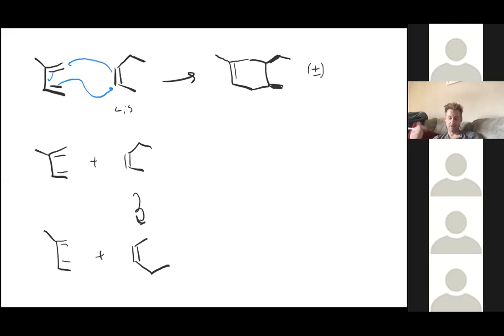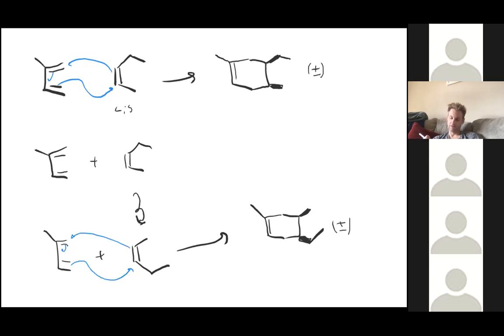This can do the exact same reaction. We'll make our 6-membered ring with a double bond here. Now our methyl is on top. Ethyl is on bottom. And this also gives us a product.